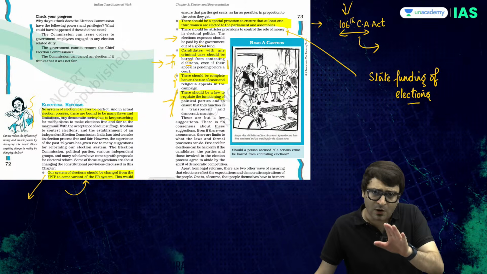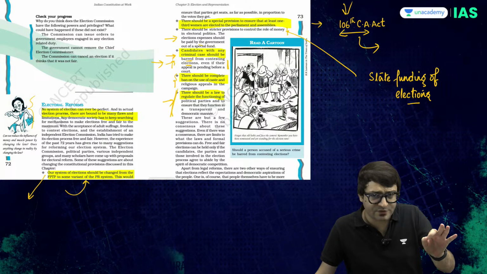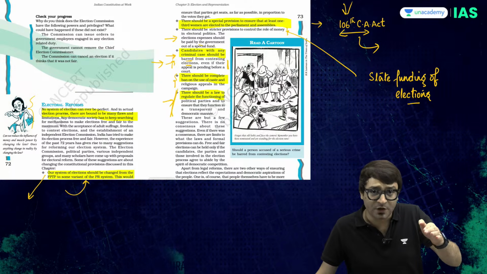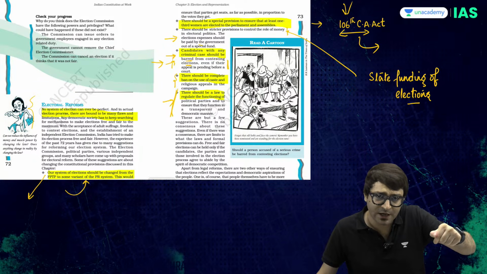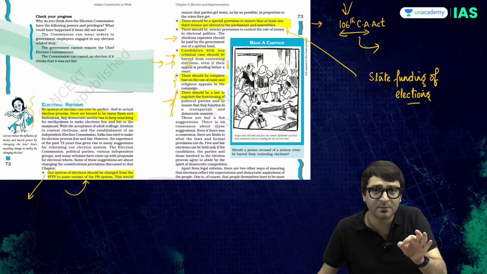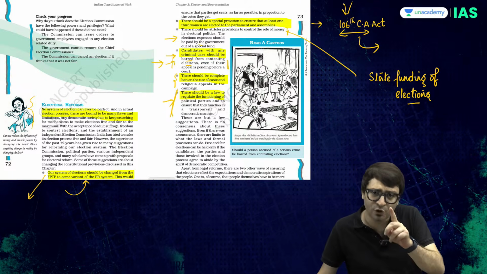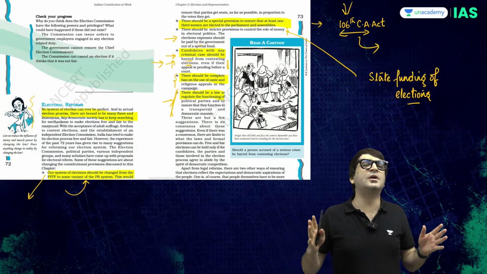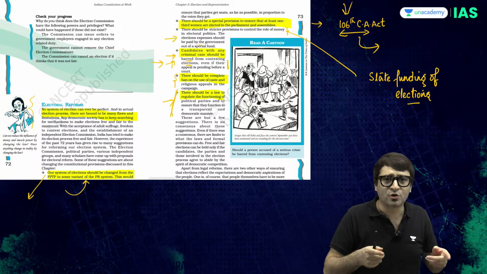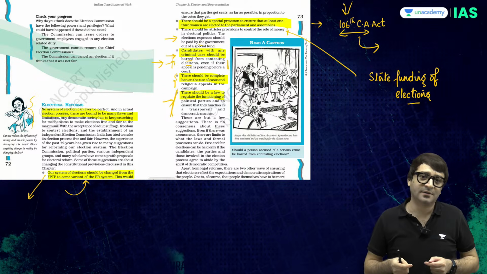So India is a democracy because elections are conducted periodically, every 5 years. And elections are free and fair as well. But who contests these elections? Political parties. Now, do you know what the problem is? The problem is that our constitution talks a lot about who gets to vote, who gets to contest.